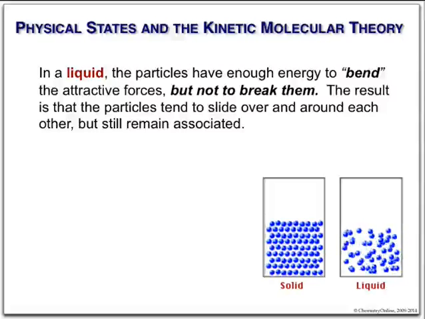Now, why does this happen at a given temperature? Because every substance is going to have a unique set of attractive forces holding it together. And since these are unique for the compound you're dealing with, it takes a unique amount of energy to begin breaking them.